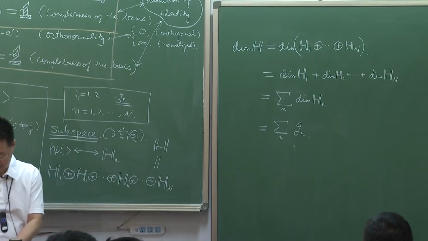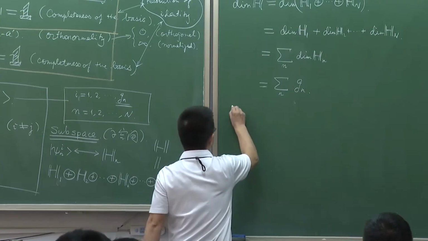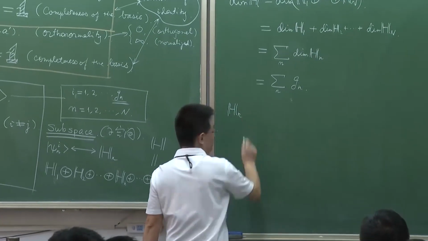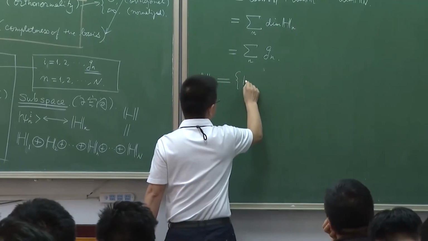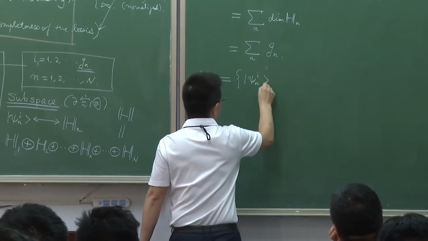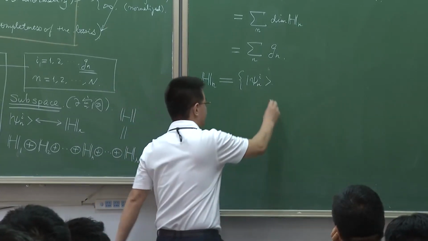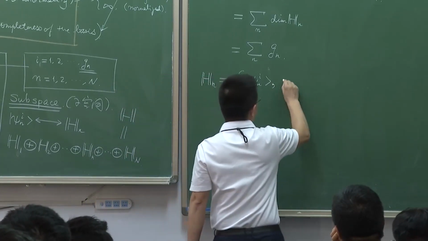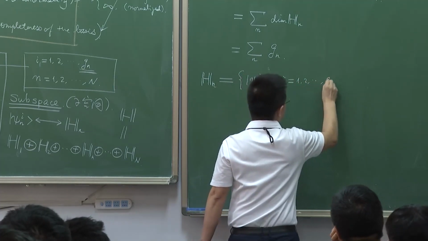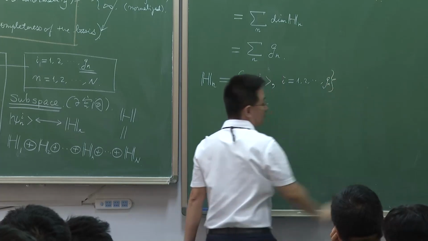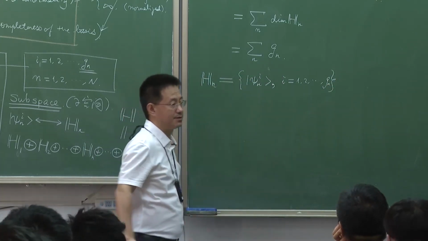Okay, so the subspace corresponding to the nth eigenvalue is defined as this. This is the vector for this subspace. And i is equal to 1, 2, up to Gn, and Gn is the degeneracy of this subspace.